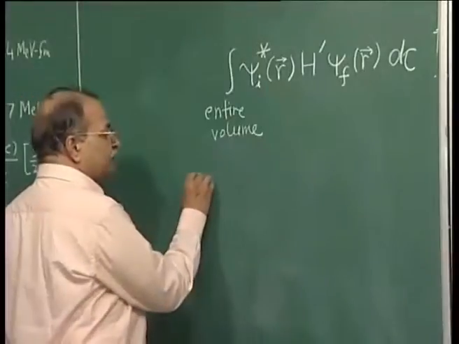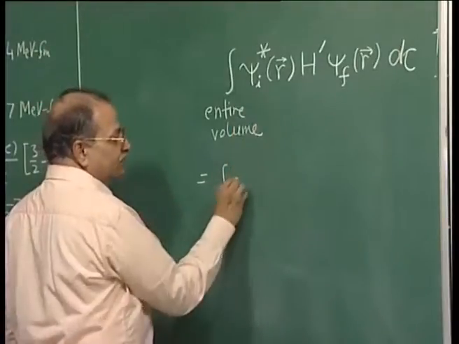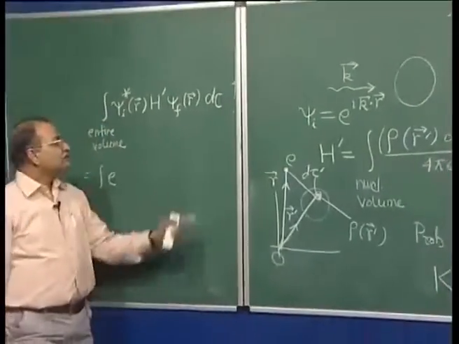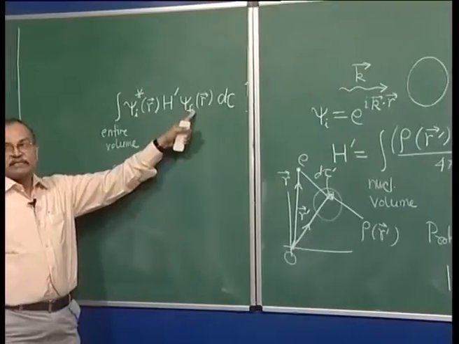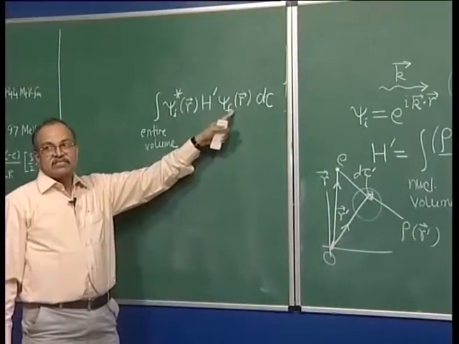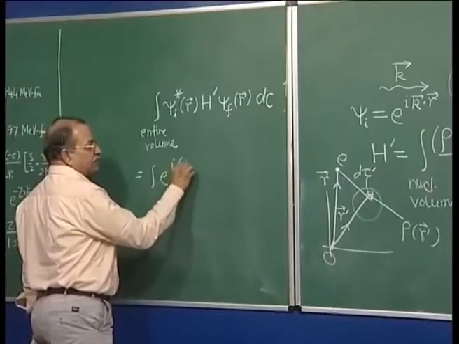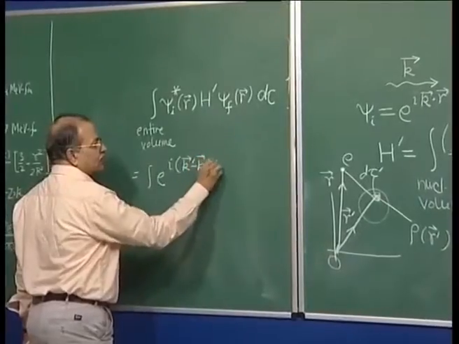So, if you write, this will become a long expression, psi i star will be e to the power minus i k r. This is multiplication only. So, I can first multiply this psi i star and psi f, so that this will become e to the power i (k prime vector minus k vector) dot r.